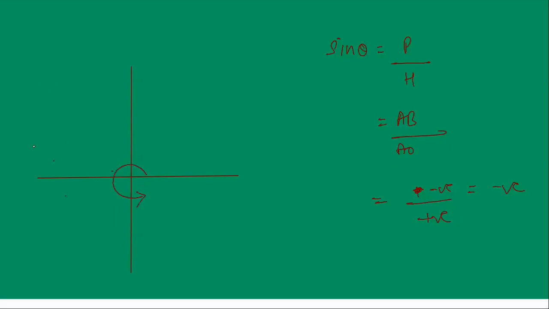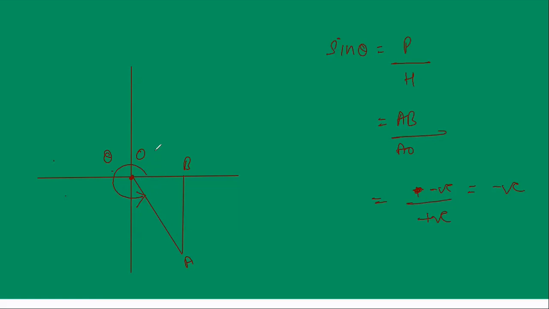So let's draw the line first from the origin, and then I have to join this part to the positive x-axis to make the perpendicular. This point is the origin. Let's take this as B and this as A. This is theta from the positive x-axis up till here. So I'm in the fourth quadrant right now.